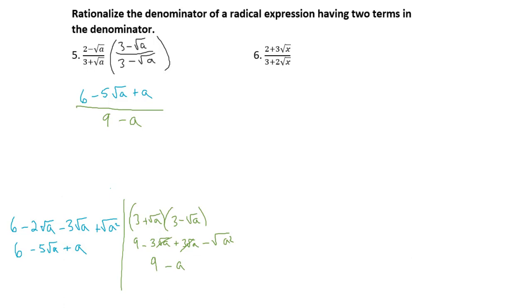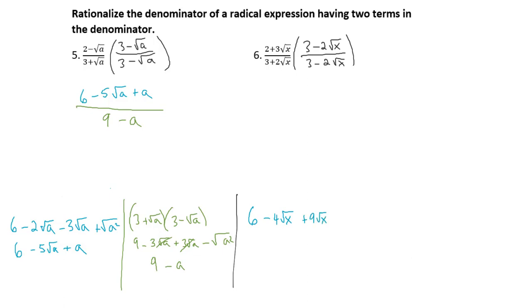So our conjugate here would be 3 minus 2 square root of x, because it's the same as the bottom with opposite signs. Let's go ahead and work this problem out. On top, we have 2 times 3, which gives us 6. 2 times negative 2 root x would be negative 4 square root x. 3 square root of x times 3 would be a positive 9 square root of x.